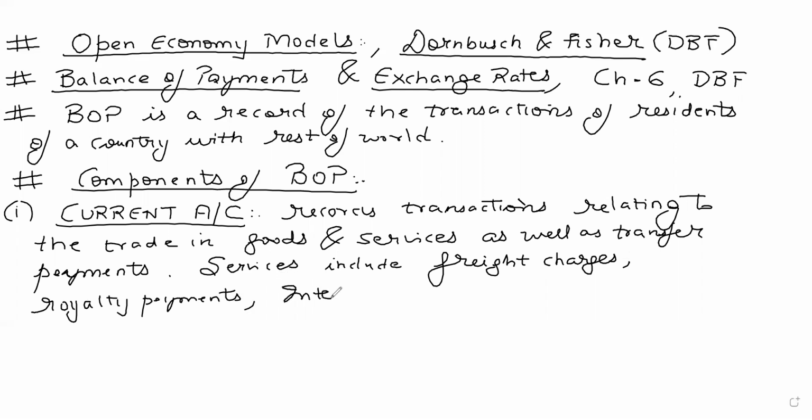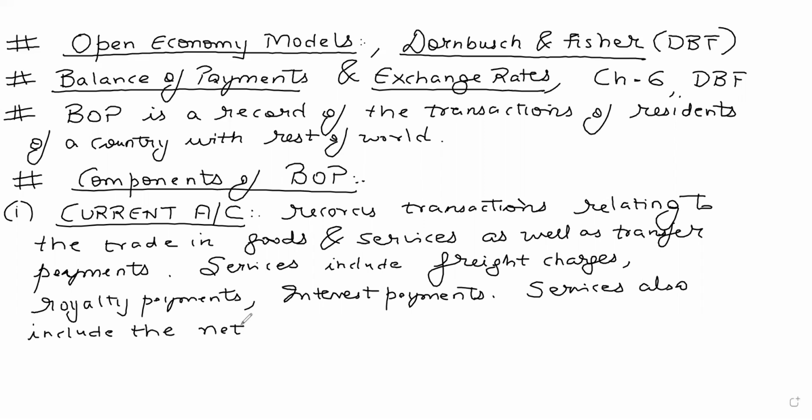All these come within services. Services also include the net investment income. Net investment income means income earned from investment abroad by the residents of a country minus income earned by the foreigners in our country.